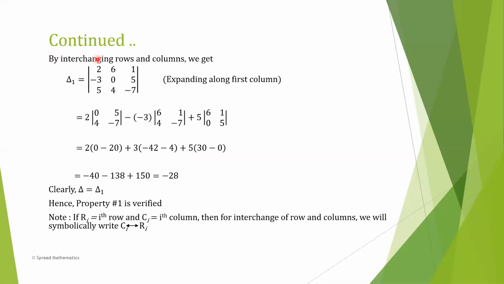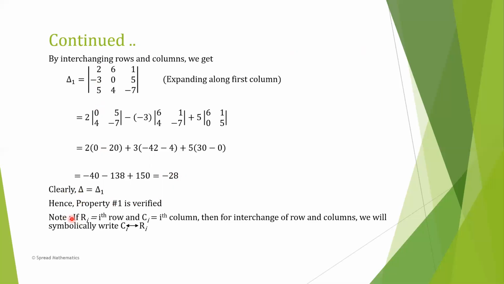By interchanging rows and columns, we get a new determinant, this. Now we are expanding this determinant along the first column and we get the value of this determinant as minus 28. Both values are the same, so clearly delta equals delta 1. Hence property number 1 is verified.